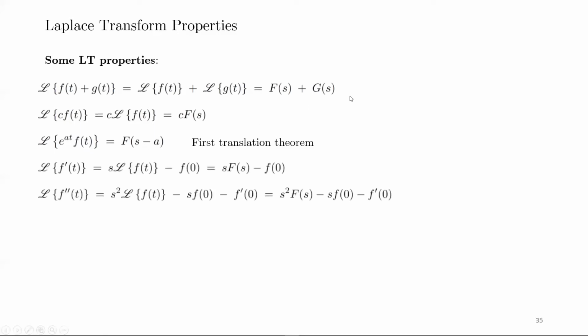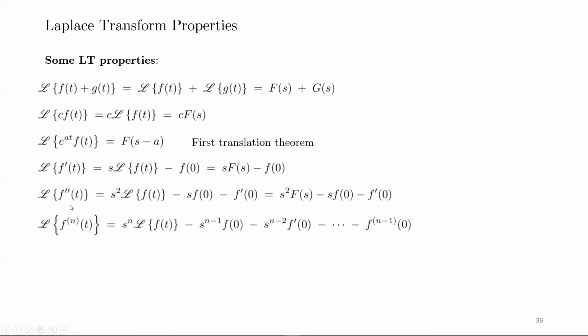We've also learned the Laplace transform of a first derivative and of a second derivative. You can generalize this to the nth derivative, so you have a lot of terms, but we're really only going to focus on the first and second derivative.